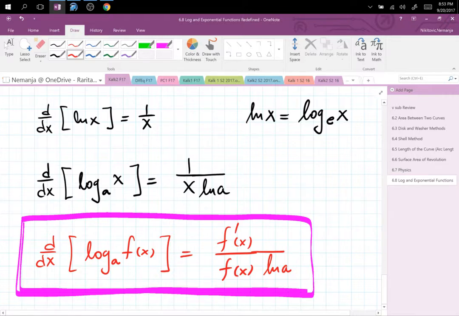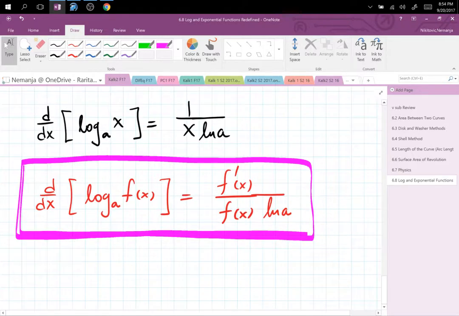And again, all of these formulas would reduce back to basic ln's and so on. Examples for this are very simple. You just plug and chug. I'll do one example for log real quick.